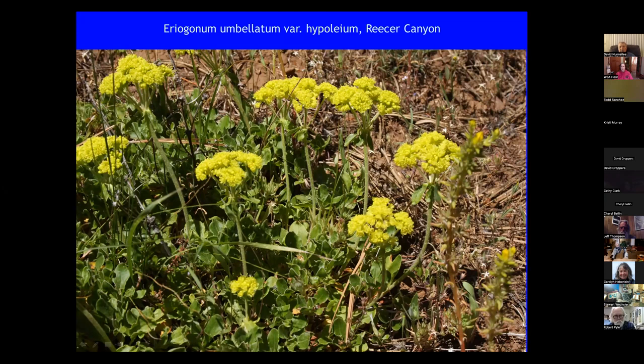This variety of the umbellatum, of the sulfur flower, occurs only in this immediate area around the Wenatchee Mountains. So this area where Reecer Creek is, the road that we go up to the top of the mountains, and a little bit over the other side down towards Wenatchee. That's the world range of this variety. So this is our endemic buckwheat, one of our endemic buckwheats.